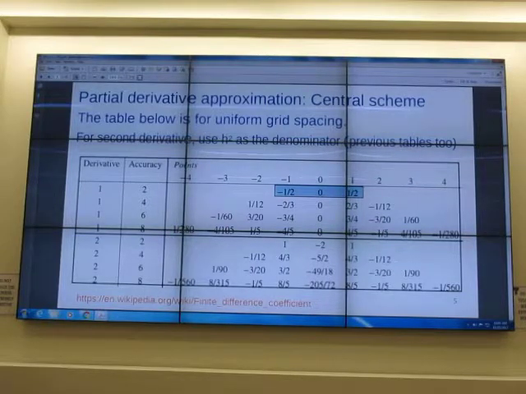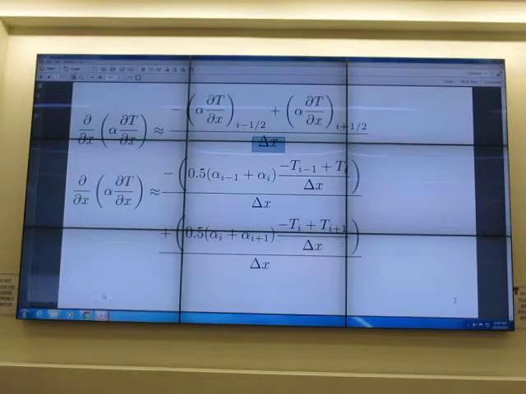That is the central scheme. Both terms have divided by 2 because the gap between x plus 1 and x minus 1 is 2. So what I have here is the parenthesis at i minus half with a negative sign, and the parenthesis at i plus half, divided by the gap. The gap will be delta x, right? Make sense?